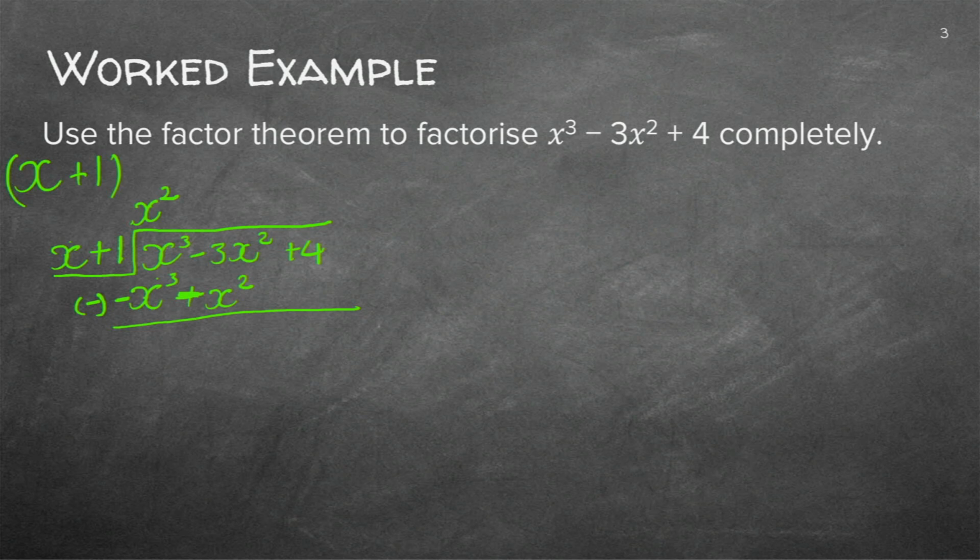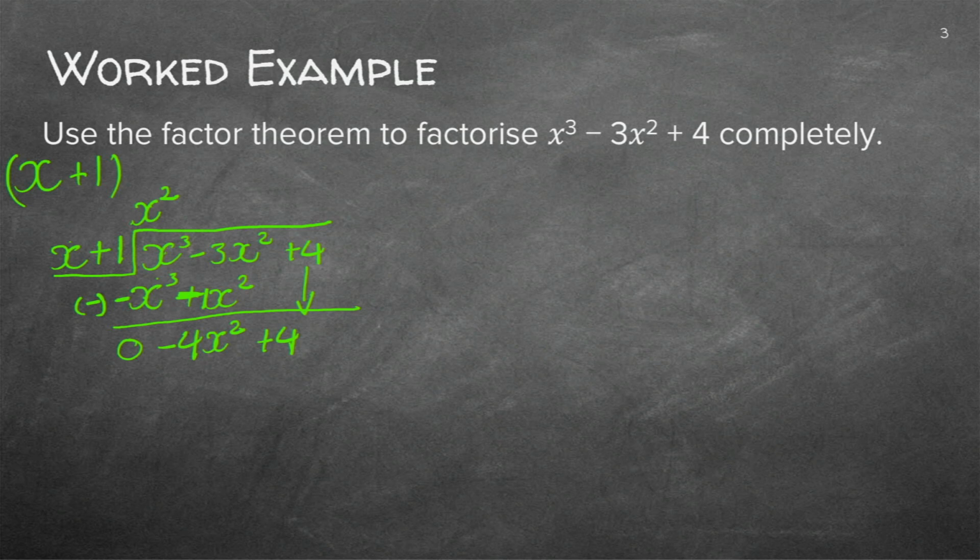So x to the power of 3 minus x to the power of 3 gives you a 0, and minus 3x to the power of 2 minus x to the power of 2 is going to give a minus 4x squared. And then we have plus 4, we drop it down, so it is going to be plus 4.